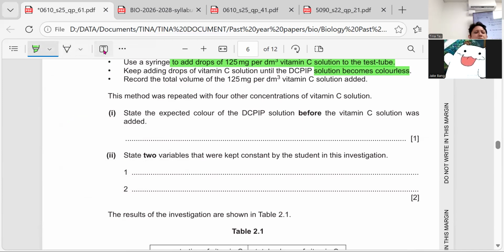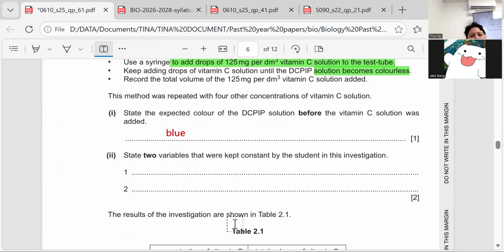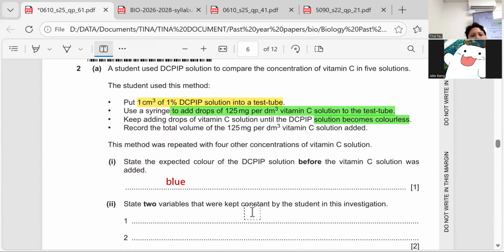What is the color of DCPIP? Blue. Okay, DCPIP before adding is blue. Say two variables that were kept constant by this student. What he kept constant? The volume of DCPIP. Correct or not?